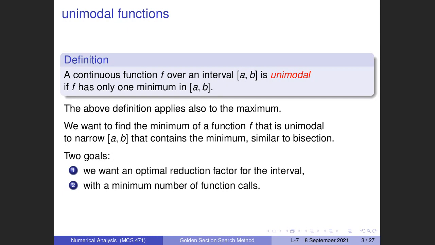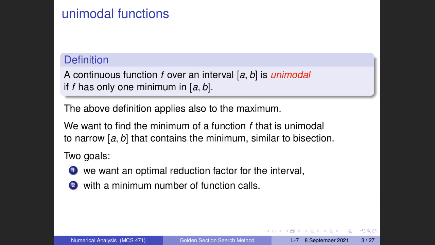So we want that in each step we reduce the interval that encloses the minimum. So that's actually what it means to be a unimodal problem. We have an enclosing interval, and also we want to do a minimum number of function calls.